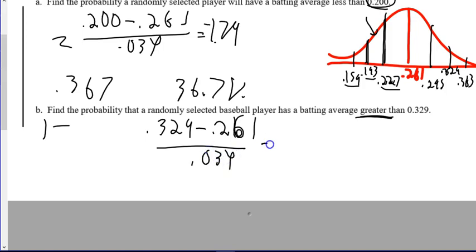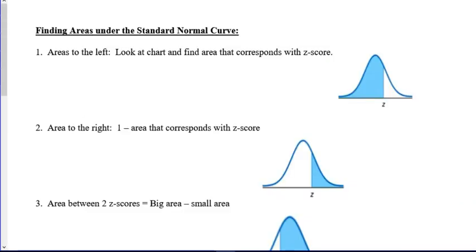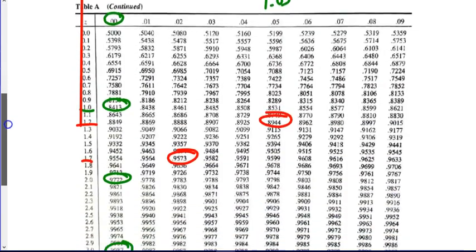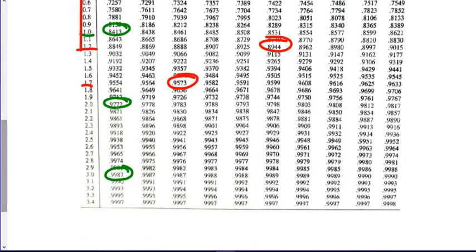When you type that in your calculator, you get 2. So you're going to go to the chart and look at 2.0, and we've already marked it, 0.9772.